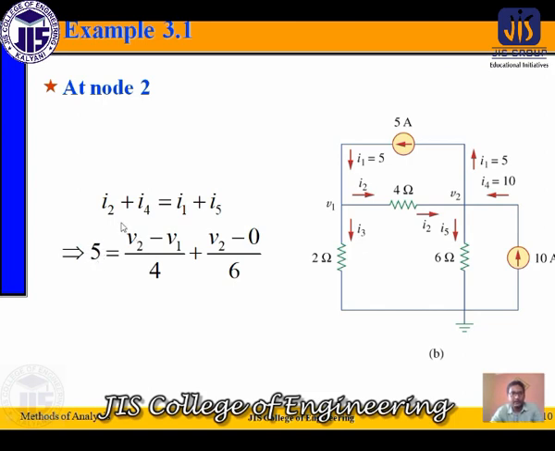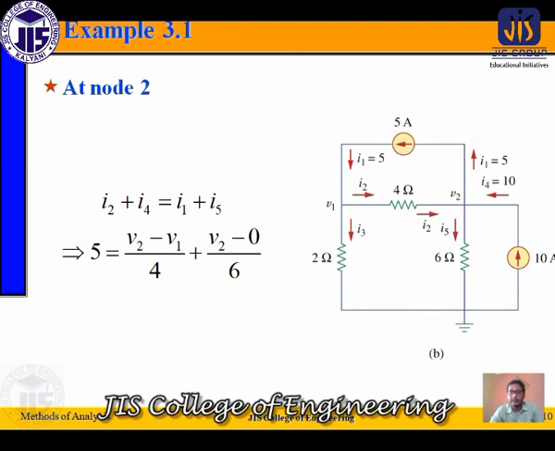No problem at all. And we are considering I2 on the right side, so one minus will be there. It means minus I2 will be on the right side, and that minus is being considered. That's why it's written as V2 minus V1 by 4. I2 means V1 minus V2 by 4, and as I2 is shifted from the left side to the right side, it will be minus of I2. Minus of I2 means just put a minus sign with the value of I2.